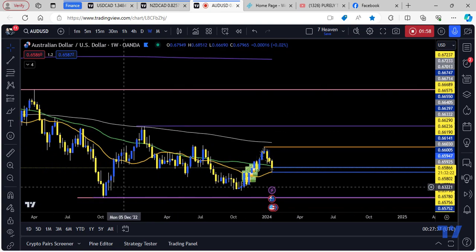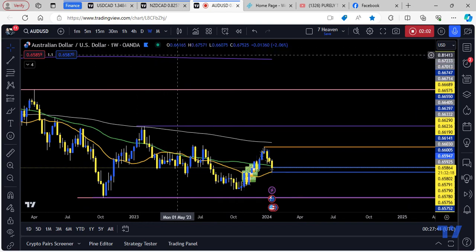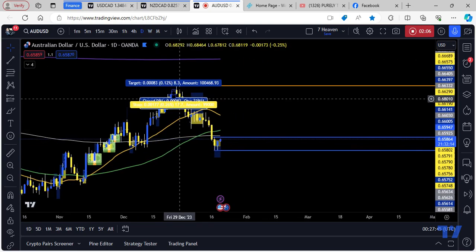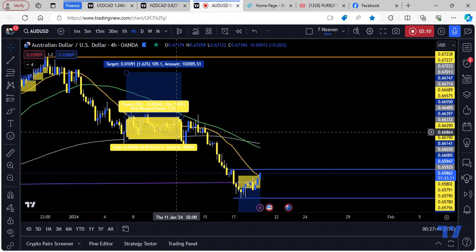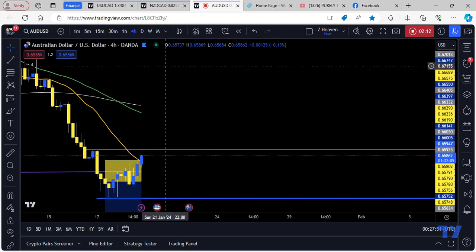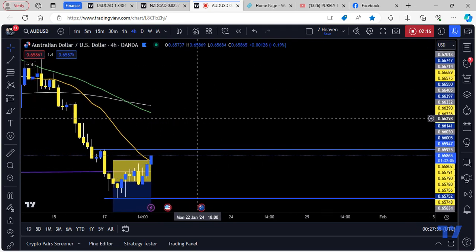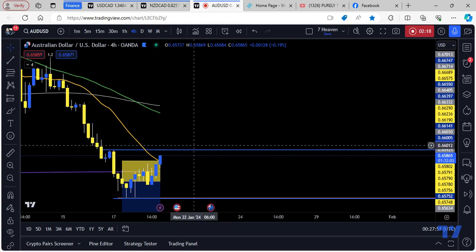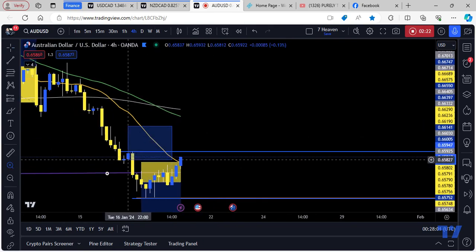Weekly, we got up structure from this point A, point B, and then point C right here, and it's bouncing up. Daily, we are down structure with the monthly, and 4 hour, we are down structure with the monthly and day chart. Ruling out the weekly, so we're looking for downward movement, and that's why we took that.